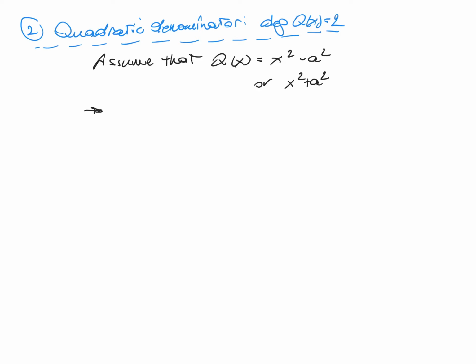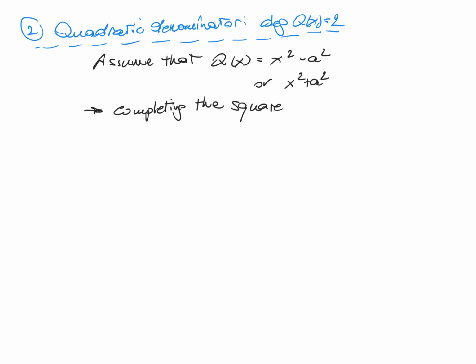So this can be obtained by completing the square. And we will come back later to this. So we will see later how to complete the square. But for now, we will just assume that q(x) is of the form x^2 - a^2 or x^2 + a^2.